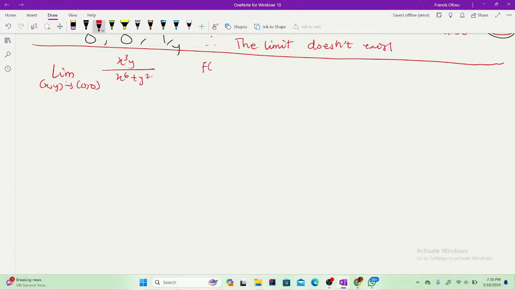So our function at (0,0), what are you getting? You are simply getting 0 cubed multiplying 0 all over 0 to the power 6 plus 0 squared. And this obviously became undefined. So we have got another situation where our function is undefined, meaning that we need to take paths.